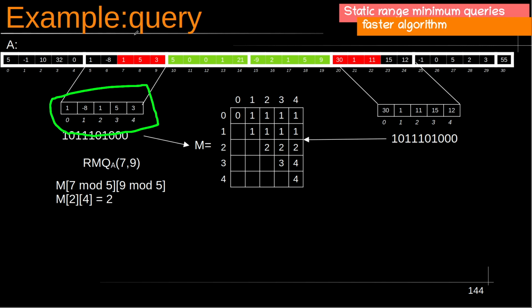So we have M of 7 mod 5, mod here, not divided. 7 mod 5 will give me 2, and 9 mod 5 gives me 4. So M[2][4] is equal to 2, as we see here. So the minimum in the range 7 to 9 is at position 2, here.